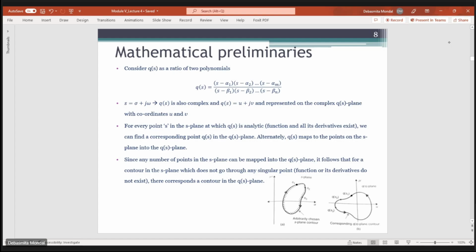If the contour does not pass through any of these poles and zeros, you will find a corresponding contour in the QS plane.